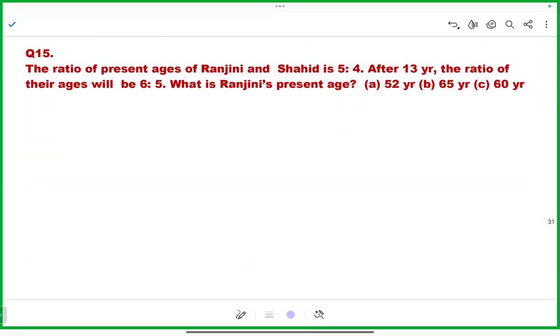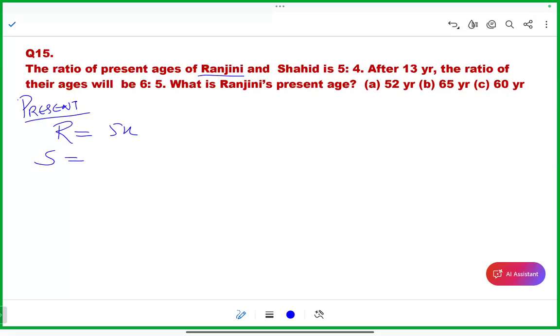Number 15. Okay, let's try number 15. The ratio of the present ages, same story. You start with present. Rajini equals 5x. Shahid equals 4x.